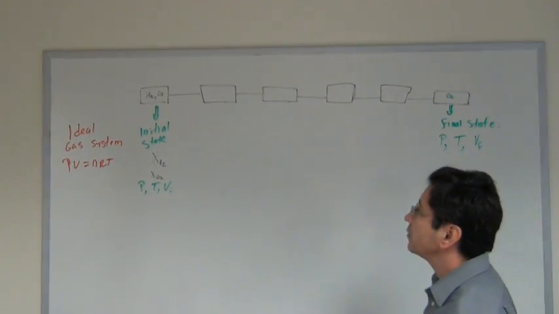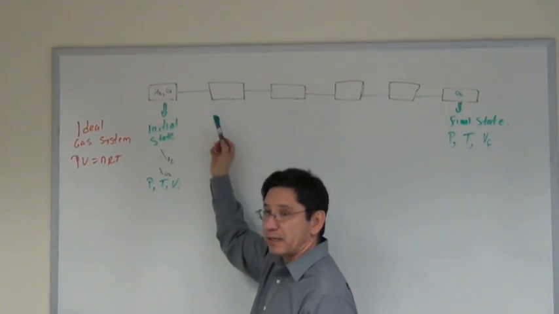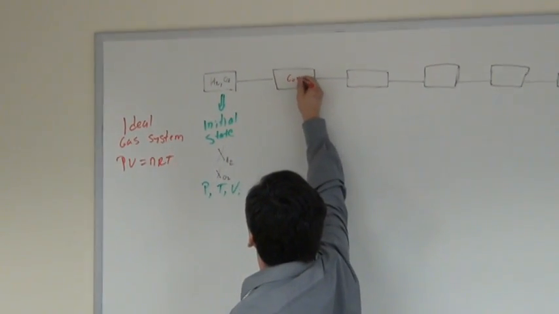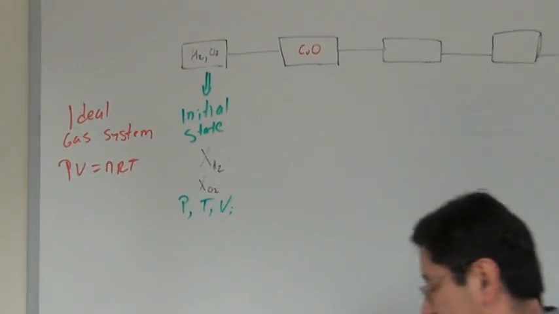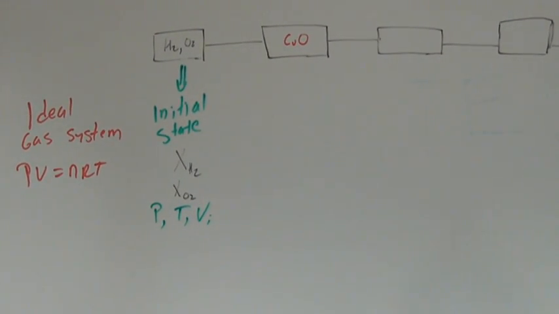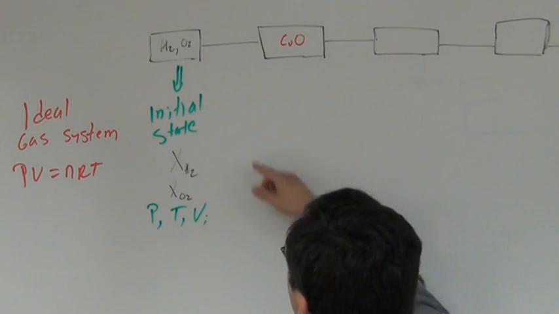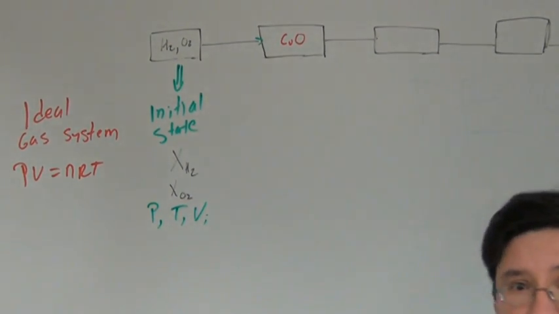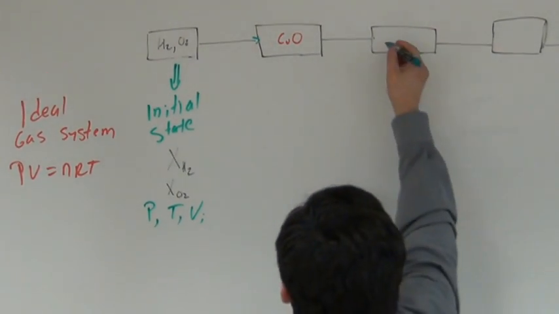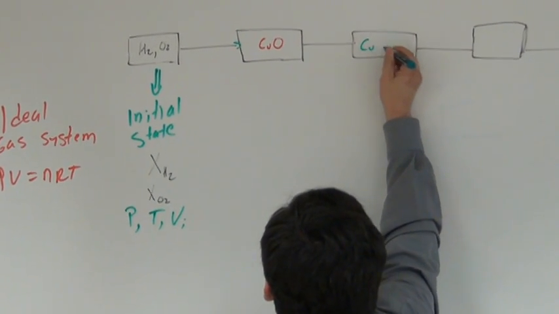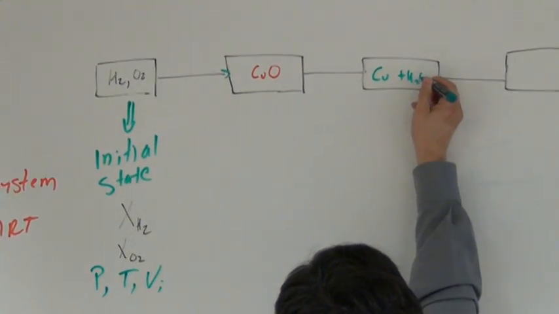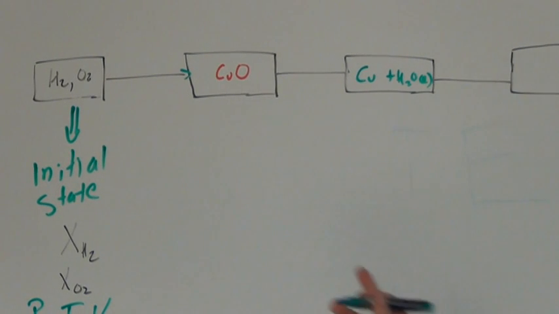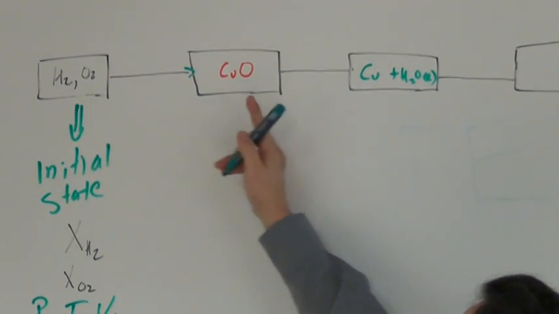When you read the problem, you see that this mixture is passed through a system that contains copper oxide. When this happens, hydrogen will reduce copper oxide into copper and liquid water. There is a reaction going on between this mixture and the copper oxide.